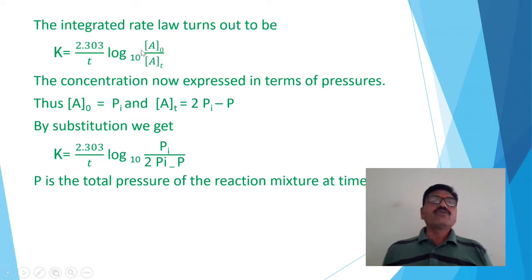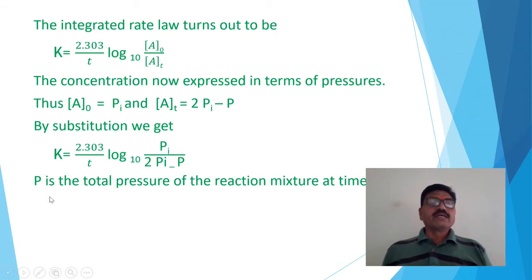So A0, the initial concentration of the reactant, and At, the concentration at time t, are substituted by pressures: A0 is equal to Pi, the initial pressure, and At is equal to 2Pi minus P. Just put the values.